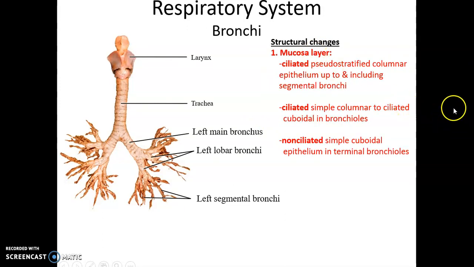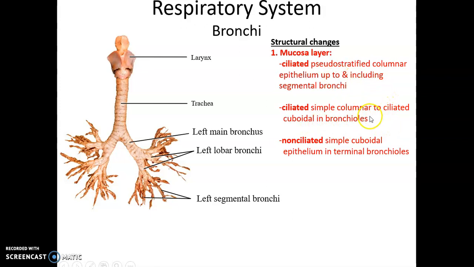So the mucosa layer, initially up through the segmental bronchi, is lined with ciliated pseudostratified columnar epithelium, just like the trachea. However, as the bronchi get smaller and smaller, they go from ciliated pseudostratified columnar epithelium to ciliated simple columnar epithelium to eventually, within the bronchioles, ciliated cuboidal epithelial tissue.